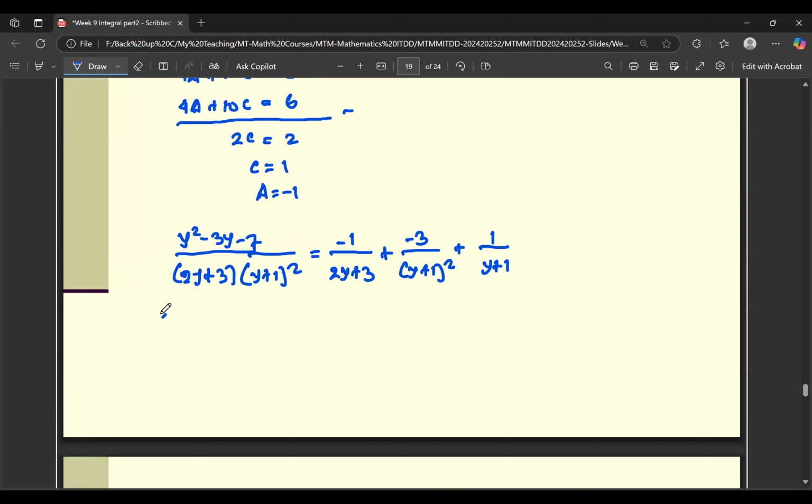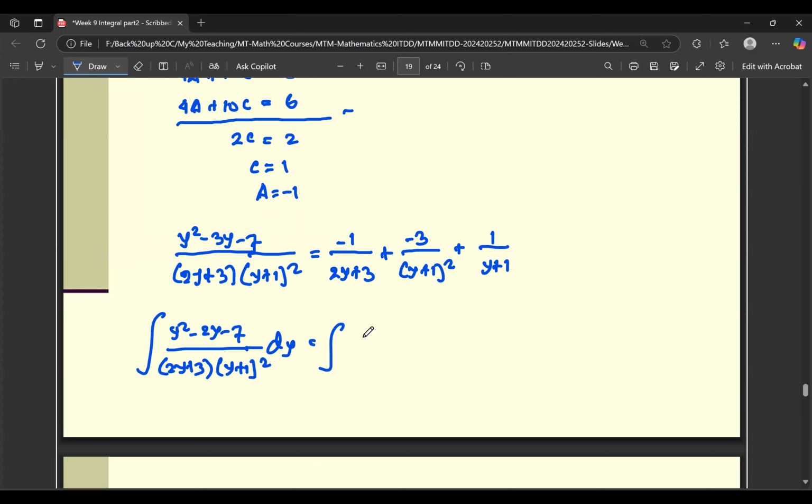We have the integral of (y squared minus 2y minus 7) divided by (2y plus 3)(y plus 1) squared dy.